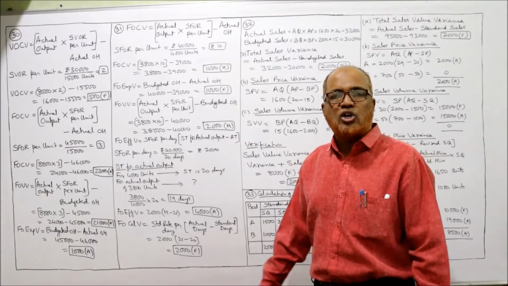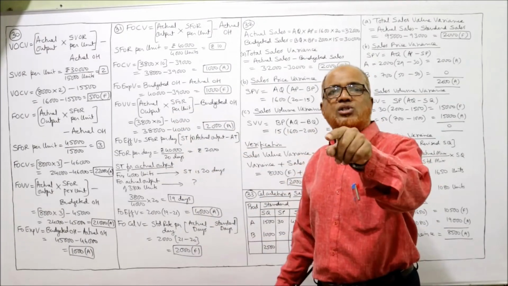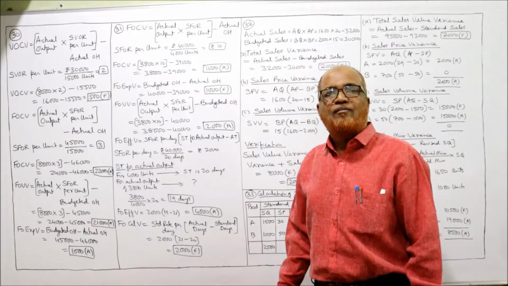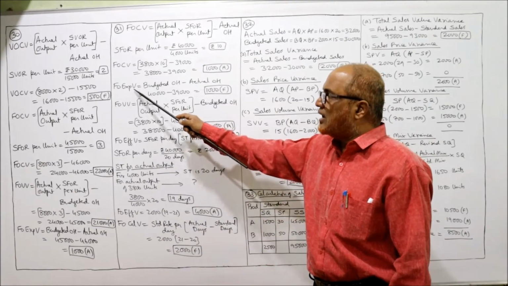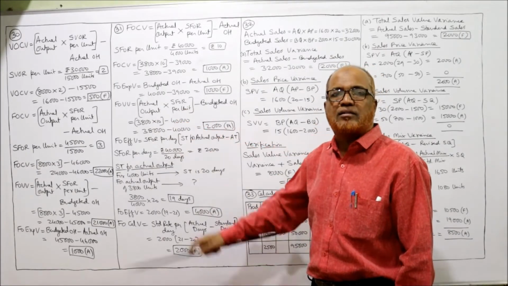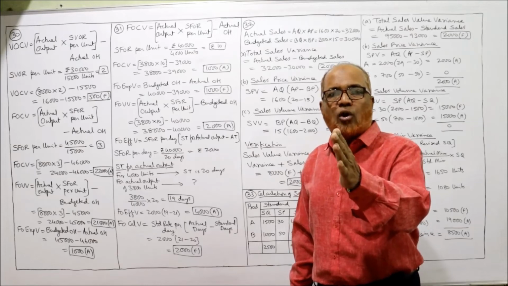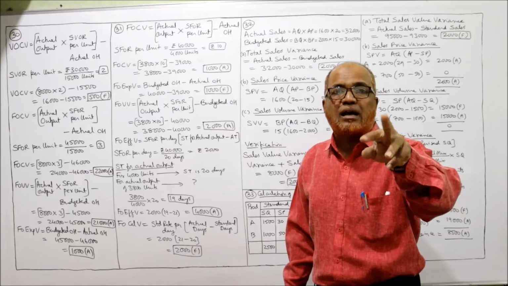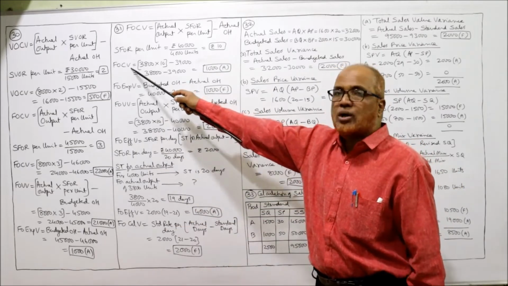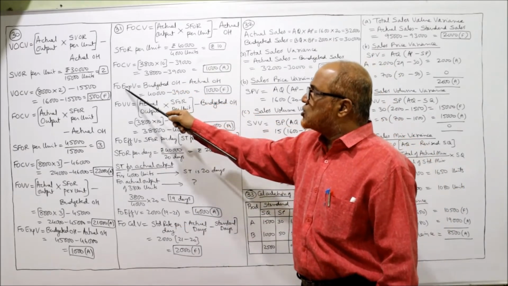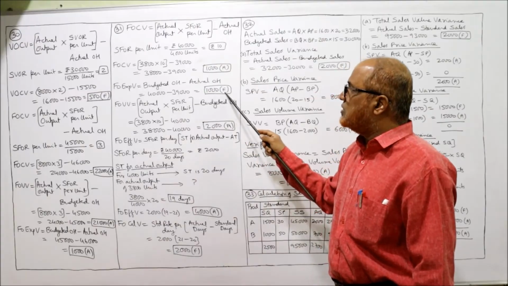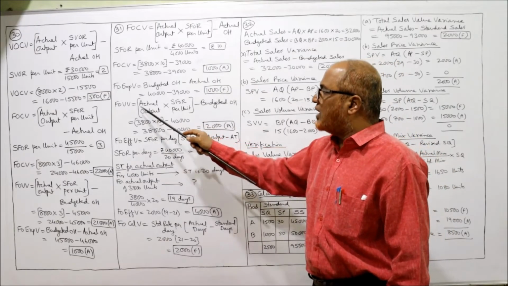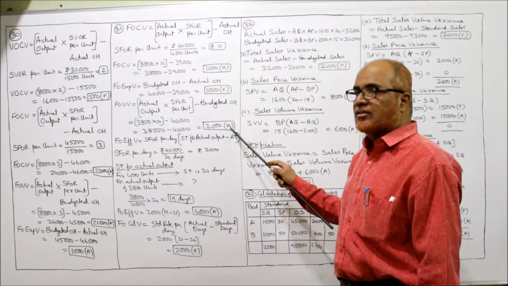So how to make the verification? Fixed overhead cost variance is equal to fixed overhead volume variance plus fixed overhead expenditure variance. If you add up these two, you should get fixed overhead cost variance. Now we'll check. Expenditure variance is 1,000 favorable and volume variance is 2,000 adverse.